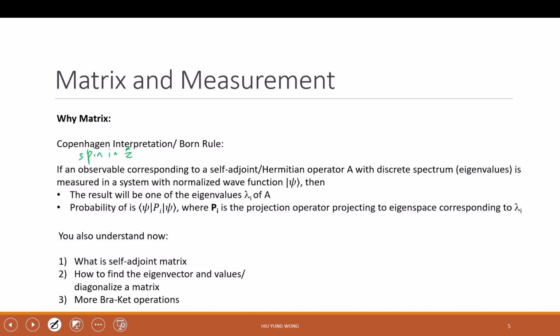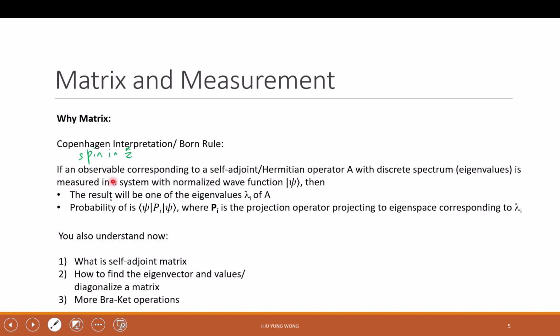They can shine a laser and put in a magnetic field and then shine a microwave or laser light to see whether it emits a photon or absorbs a photon. Then they know whether it's spin up or spin down. We assume we know that. So this is observable, right? It's not by your eye, but we can measure. Observable means something you can measure classically, right? So for example, spin in the z-axis.